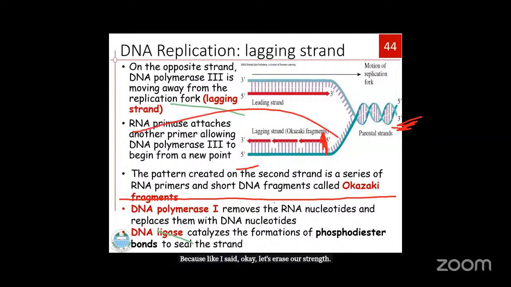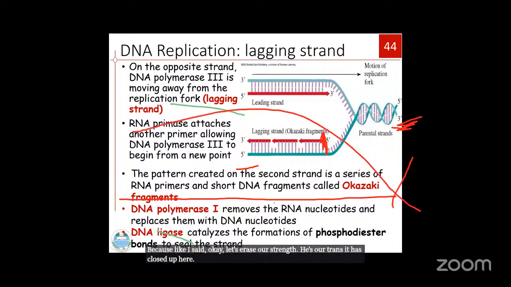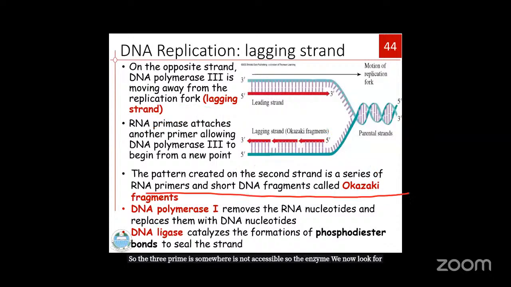These are our strands. It has closed up here, right? So the 3' is not accessible. So the enzyme will now look, on the open length, for a free 3' that is available. So synthesis on that strand will go this way, from the 3' that is here in the middle to 5' direction now.